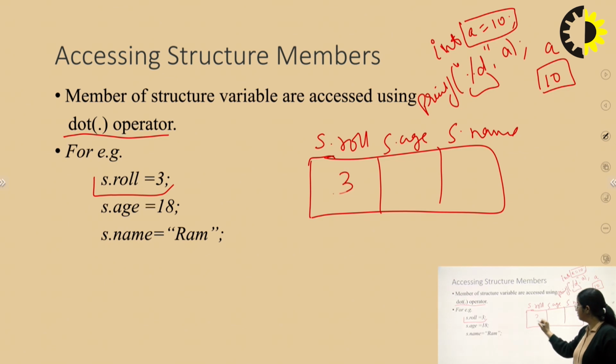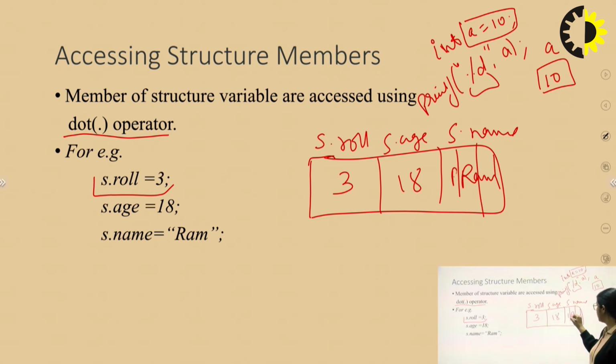And in this we are storing 3, here 18 and here your RAM. RAM is basically stored like this, because this is an array of characters, or you can say this is a string. So a string is basically stored character by character. So this is the representation of a structure.